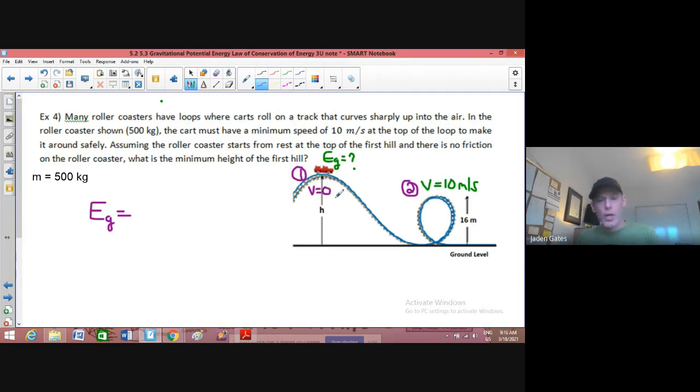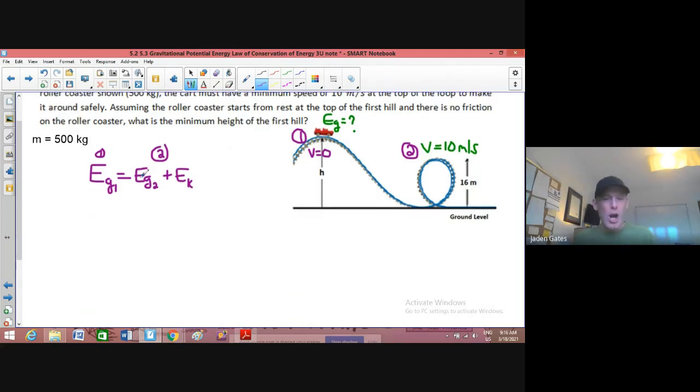Which is kind of true, right? When you get to the top of a roller coaster, if you've ever been on the front, you're barely moving until you get right over the top of the hill. That's going to be converted to our second spot, in which we have two things: we have height, so EG2, plus we're still moving, so we also have kinetic energy.